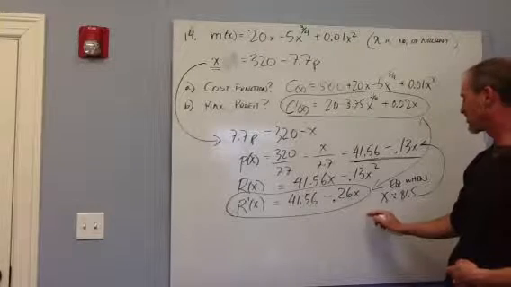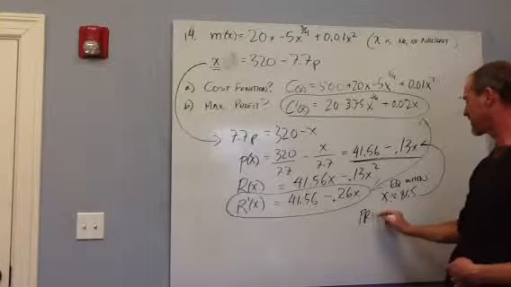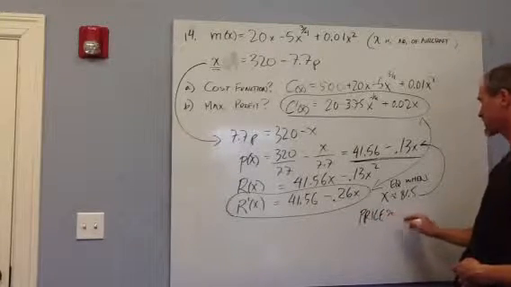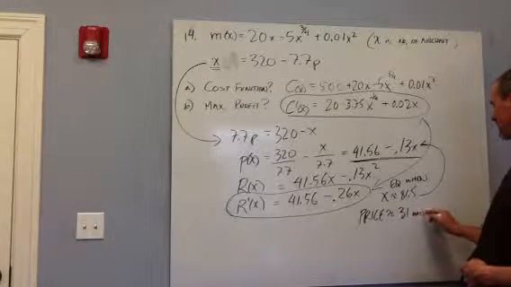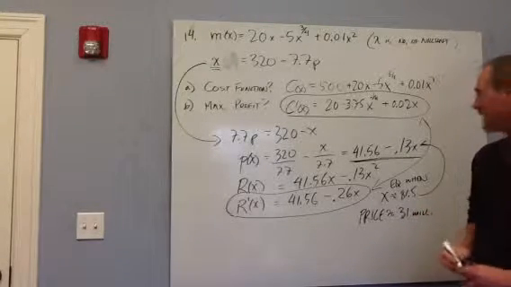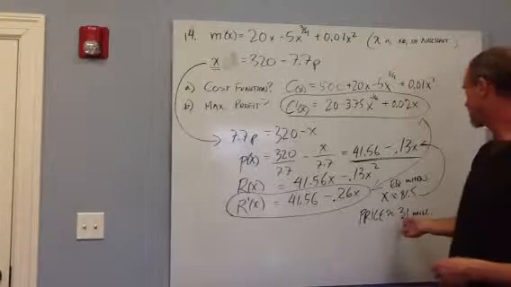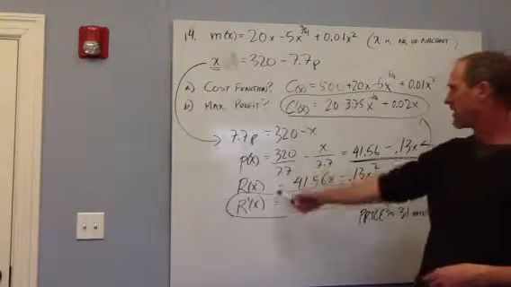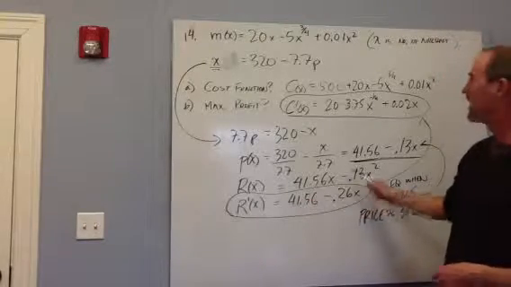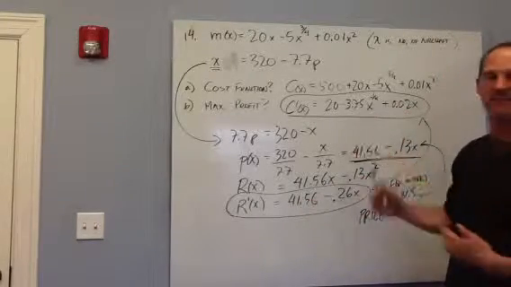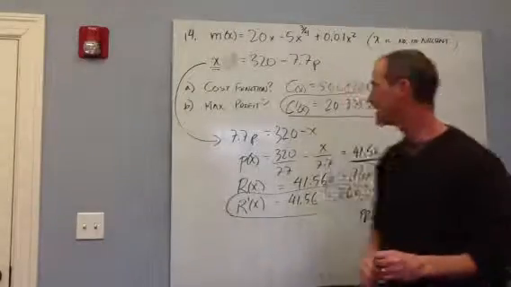So the price for the airplane should be approximately 31 million, something like that. And if you wanted to find out the actual profit the company would make, you'd just plug that 81.5 into your revenue, then plug it into your cost, and subtract those two, and you can see what your profit is. But there you go.